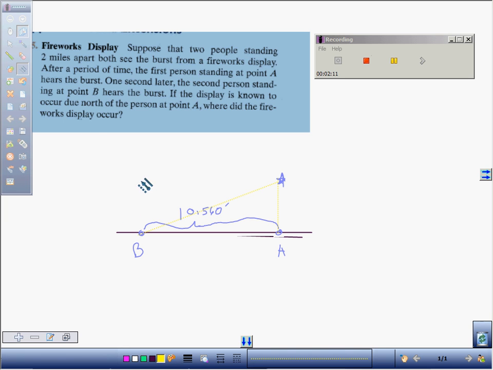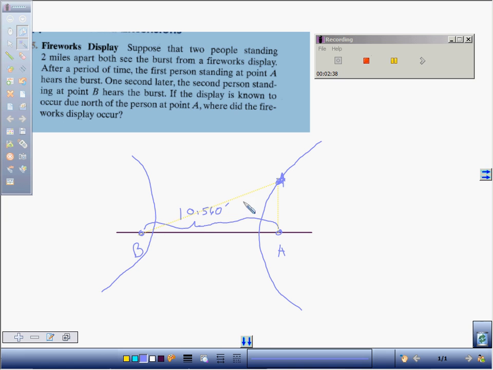And what they tell you in the book, what they want you to do is model this as a hyperbola. And so what you do is make this a point on a hyperbola that looks kind of like this. And there would be the other half of the hyperbola over here.